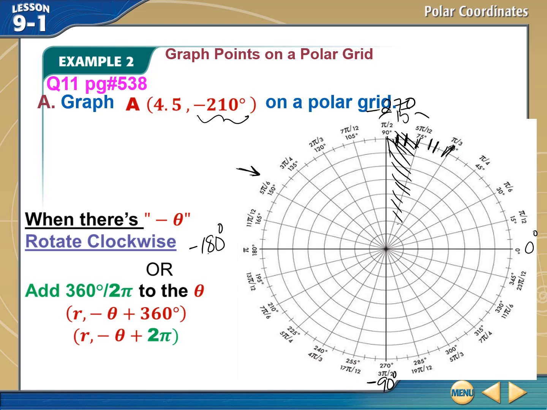If you are confused, just add 360 degrees. 360 minus 210 is 150 degrees. And r is 4.5, so see the circles, first circle, second circle, third circle, fourth circle, and 4.5 should be between the 4th and 5th circle. I will make it like this. Use the ruler to make a straight line, and I will write here 4.5, negative 210.